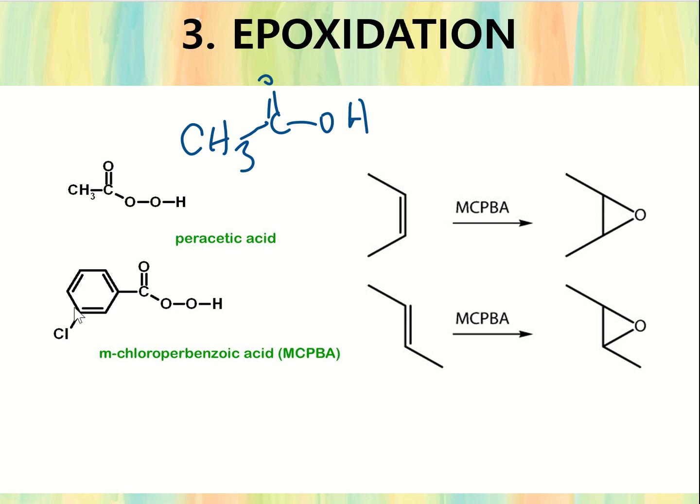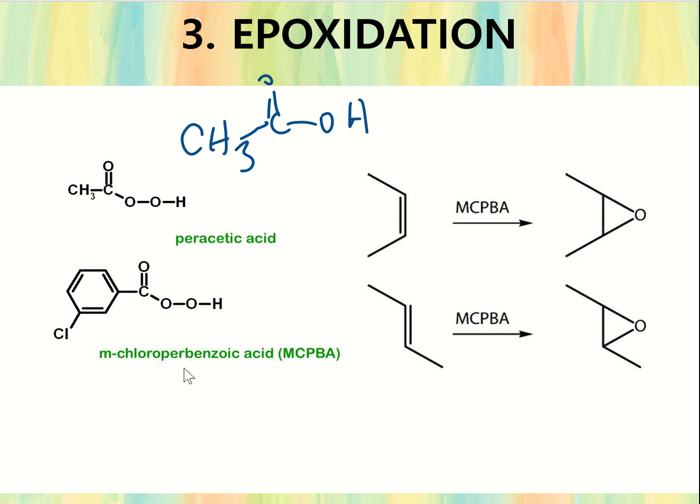I hope you recognize here that you have a meta relationship between the carboxylic acid and the chlorine, which is why you have m-chloro. It would have been benzoic acid had it been a carboxylic acid, and because it has the extra oxygen, it is now a perbenzoic acid.